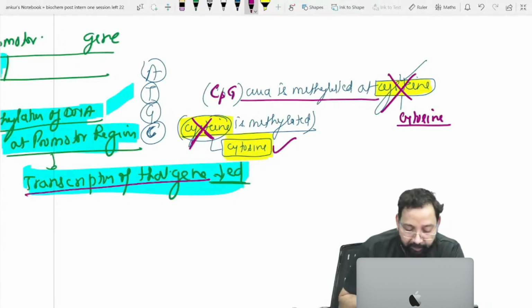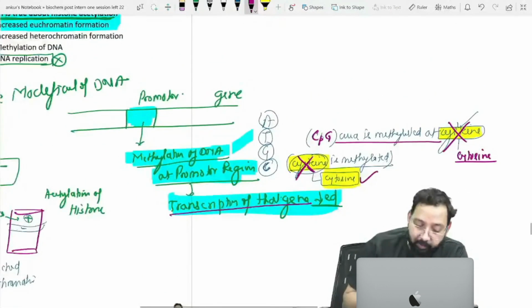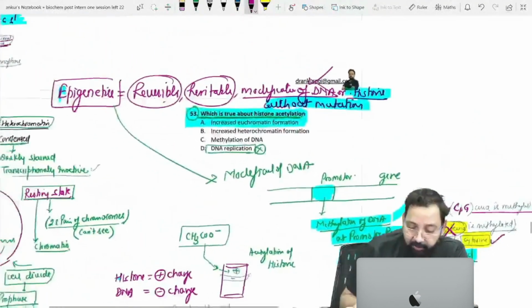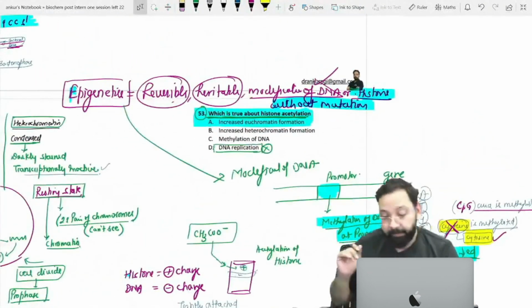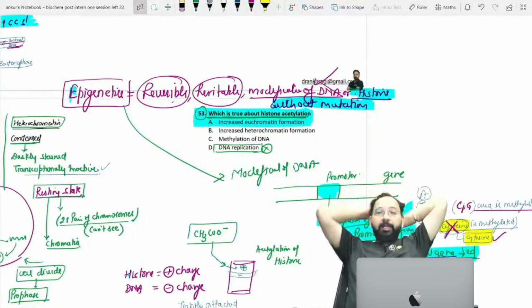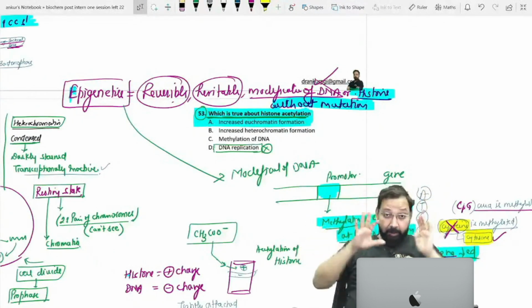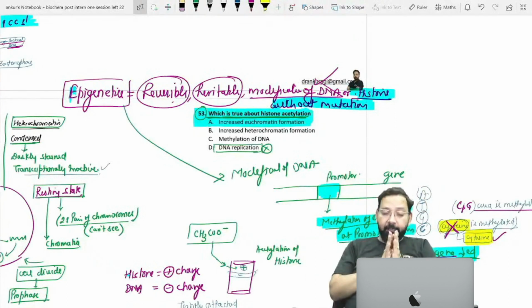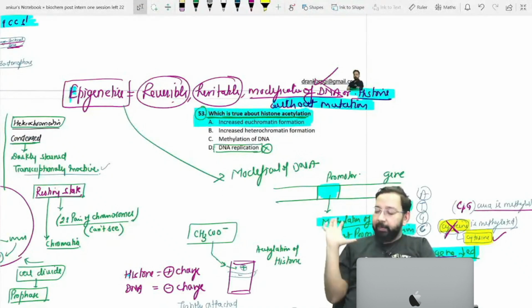So this is another example of epigenetics, that is methylation of DNA. This is not related to replication, it is related to transcription. Again I repeat: at a particular time in a particular cell only a few genes are expressed, and other genes are kept in an inhibited state.